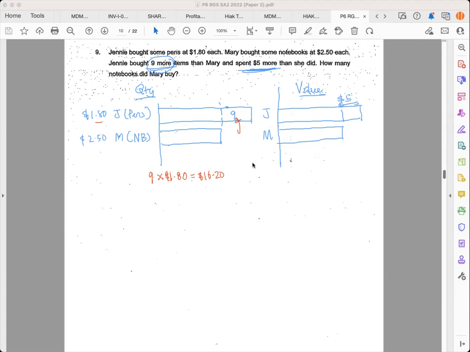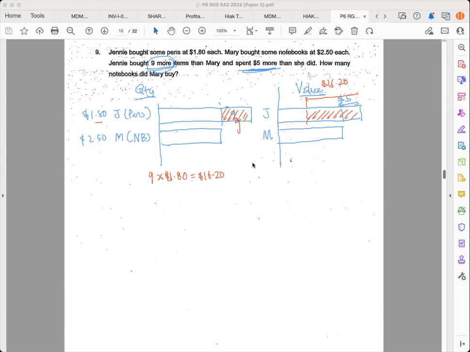So if I remove the 9 pens from the quantity so that I have an equal number of pens and notebooks, I must also remove the equivalent value of these 9 pens. And the equivalent value of these 9 pens is $16.20. So I'm going to cut off $16.20 from here, all the way backwards. This will be removed.